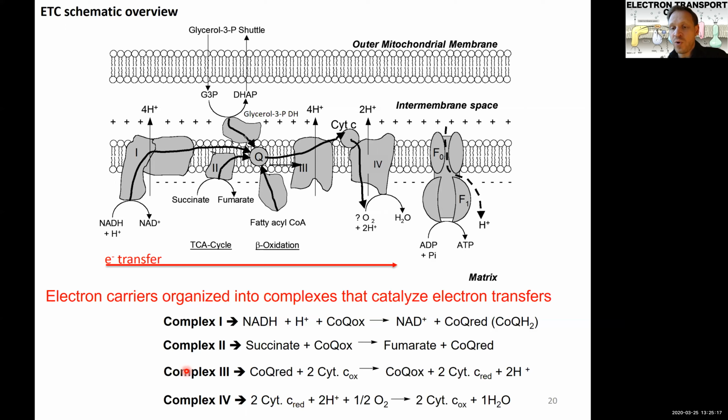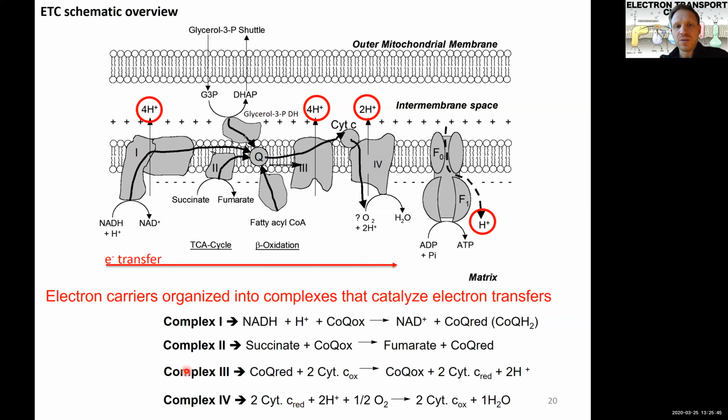You can move through all these reactions that I have outlined here to really understand who is giving the electrons to whom. But in this process, as we're moving these electrons, we're also pumping protons. In complex 1, you can see here again by these arrows, complex 1 is pumping 4 protons while it is transferring these electrons.